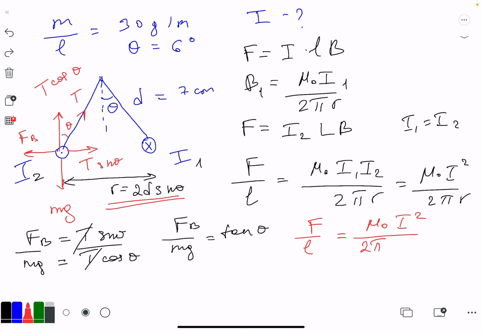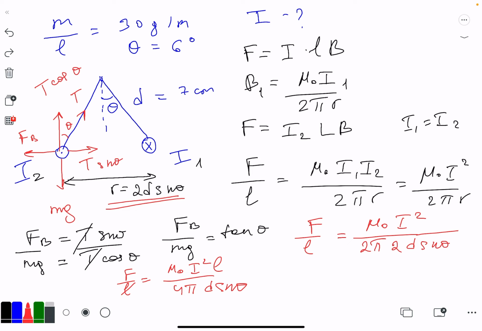So instead of r, I want to put 2d sine theta. Okay, then it becomes, what? It becomes F over L is equal to mu naught I squared divided by 4 pi d sine theta. Okay. And you can also bring L into here. So we have F is equal to that one.